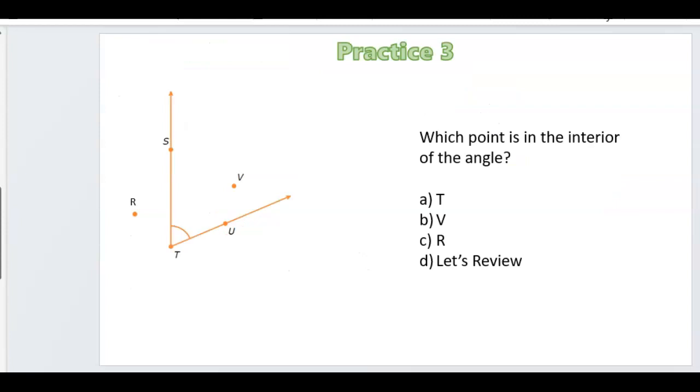So which point in this image here is in the interior of the angle? All right, and so the interior is going to be inside the angle, and point V is on the inside of the angle. So V is our answer.